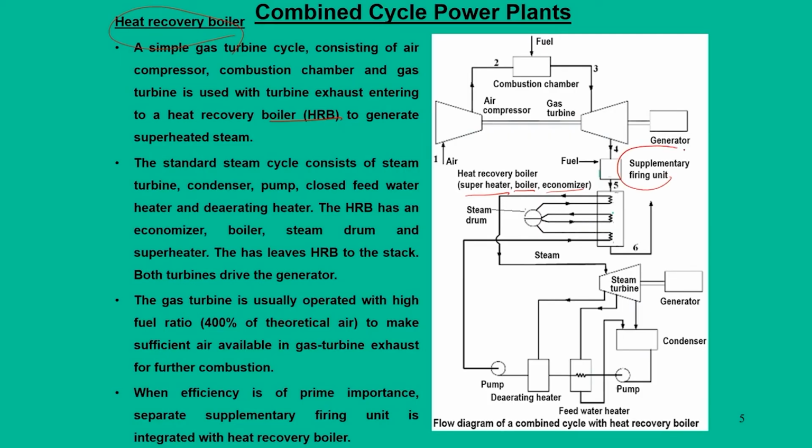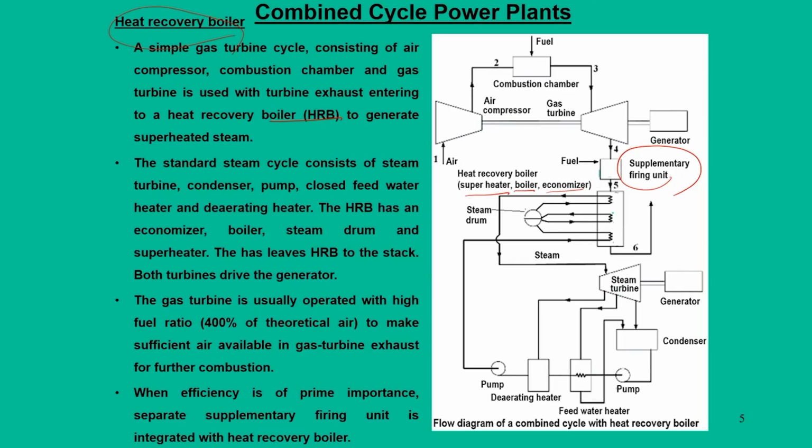So, instead of adding extra fuel from a coal fired unit or any other unit, we are just taking it from the gas turbine unit itself. But in some cases we can have an extra add-on supplementary firing unit where extra fuel can be added. These two things will combinedly power the heat recovery boiler unit, and this heat recovery boiler unit provides necessary steam to the steam turbine, that again expands in the steam turbine.